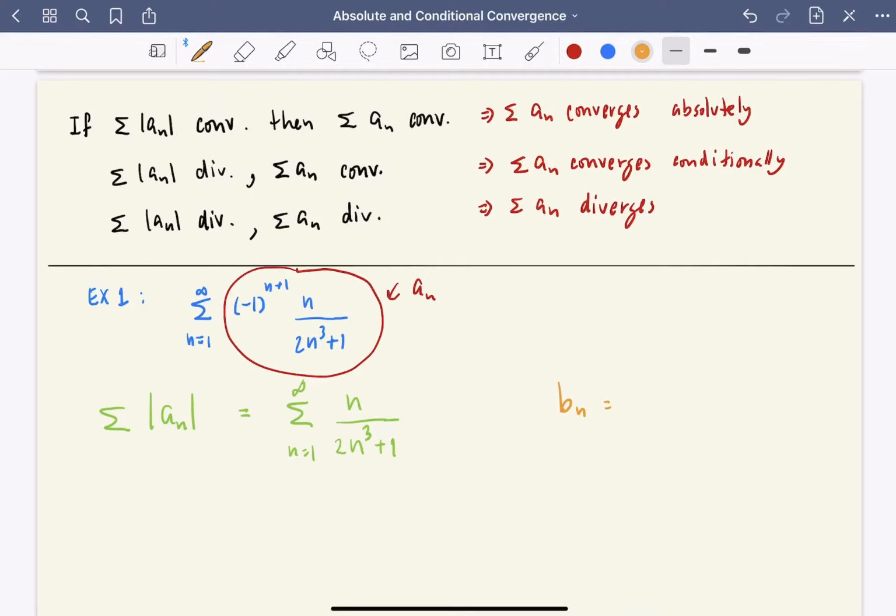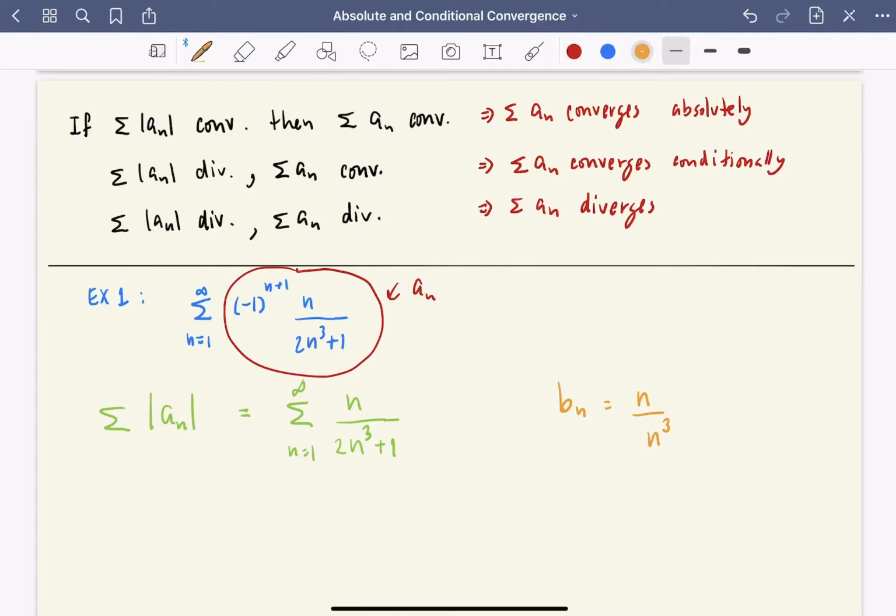So bn is n over 2n to the third, remembering that we get it from the leading term. Since, when we talk about whether a series converges or diverges, we don't need the number 2 here, let's remove the number 2.